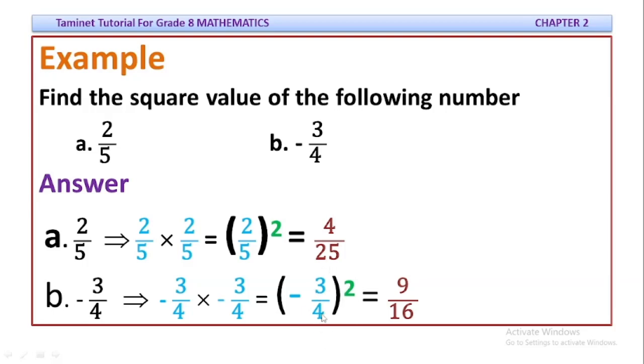There is also a negative sign, so square the negative sign also. Negative times negative is positive. So 3 square is 9, 4 square is 16. So the square of negative 3 over 4 is 9 over 16. So this is the way how to square a given fractional number.